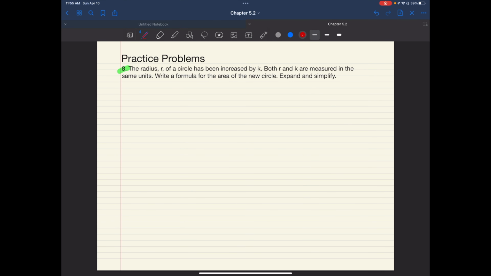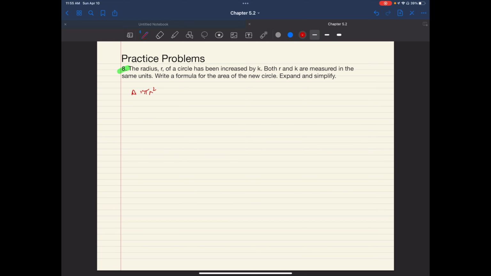8. The radius of circle R has been increased by k. Both R and k are measured in the same units. Write a formula for the area of the new circle. Expand and simplify. Okay, so we know area, A equals pi R squared.